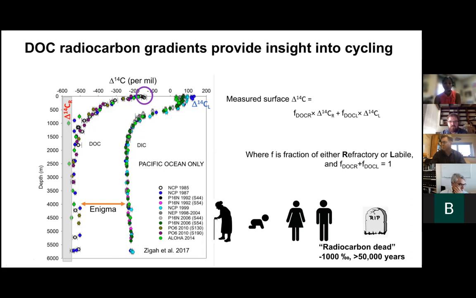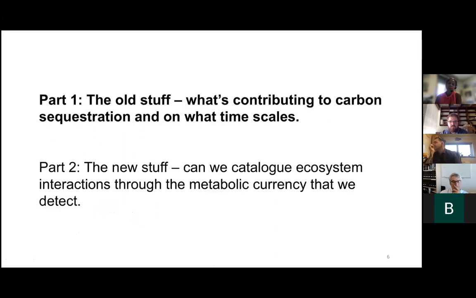This has been a challenging question to pursue, but I have been very committed to it for a few decades now. So the talk is divided into two parts: the old stuff. What is this refractory carbon? Can we say something about its structure, and what can we say about the radiocarbon distribution in refractory organic carbon?